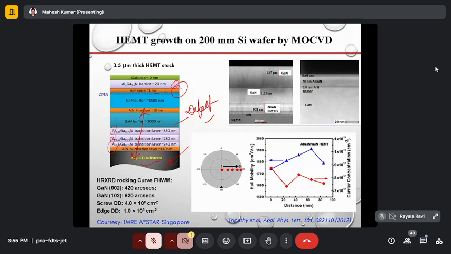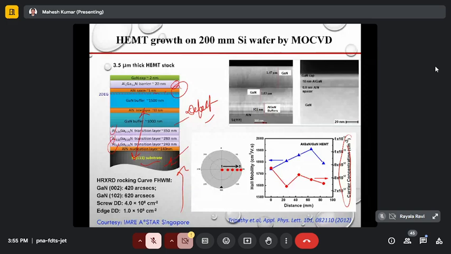We have a collaboration with IMRE, A*STAR Singapore. My students grow at A*STAR and do some material characterization. We measure the mobility, and across the 8-inch wafer the mobility is coming around 1800 to 1900 centimeter square per volt per second, and this is the 2D electron gas concentration.